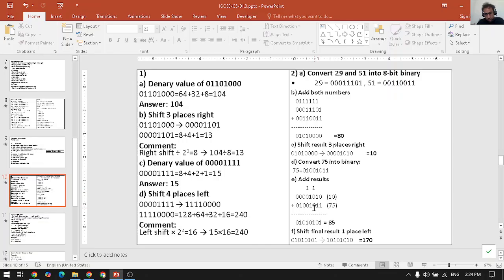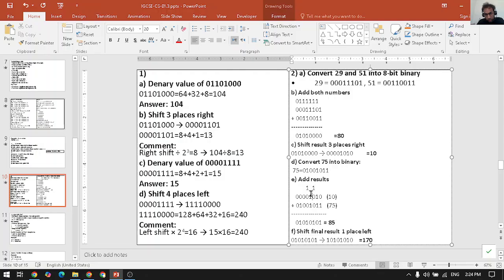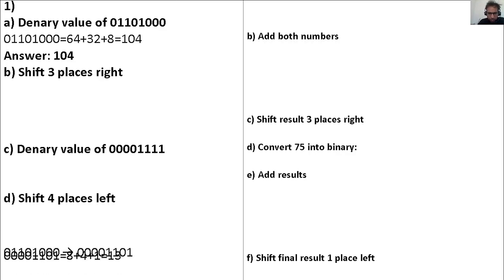Then we have 1 plus 1 as 0, and okay, it is correct. Then 1 plus 0 plus 0 gives us 1, and the rest, 0 plus 0 is 0, and 0 plus 1 gives us 1. The answer is correct.